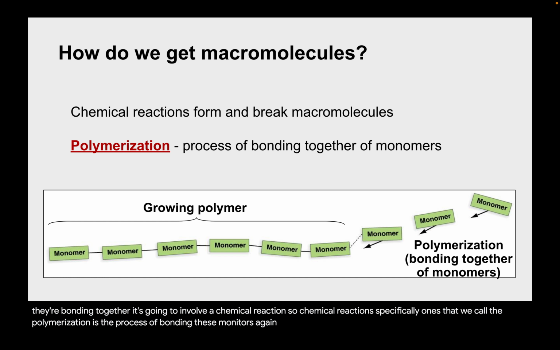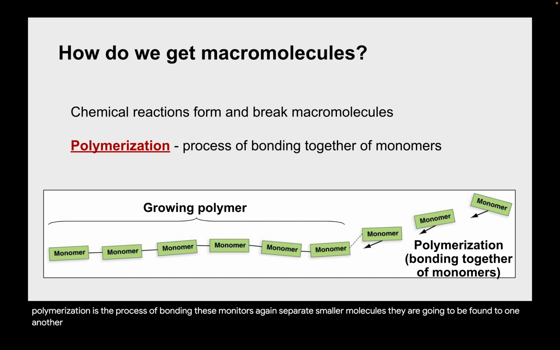Again, we see separate smaller molecules that are going to be bound to one another. In this case, they're all covalent bonds. And we're just going to keep adding and adding in this process of polymerization. That's the technical term for how this happens.